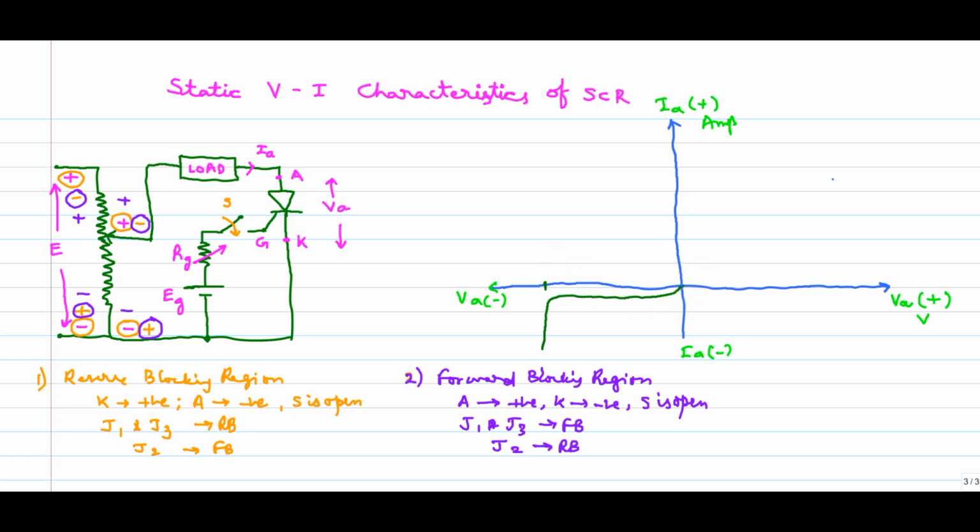Coming to the forward blocking region, it is also blocked up to this level. After that, it comes to conduction, and this happens at VBO. Suddenly the current will rise at IL.